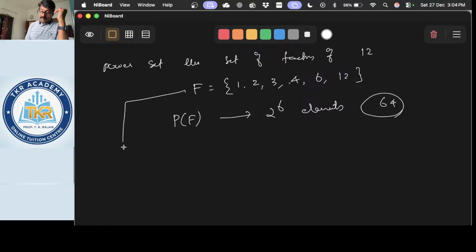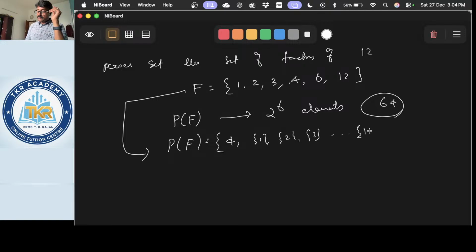Now what is the power set P(F)? The number of elements in F is large, so it is difficult to write the whole power set, but we can describe it for this F. First one is the empty set, then the sets {1}, {2}, {3}, up to {12}, the subsets having 1 element.